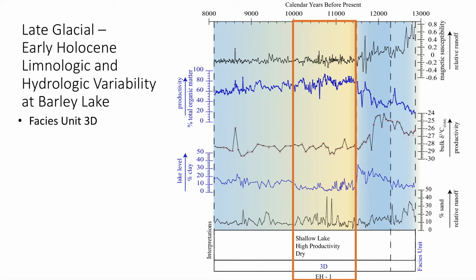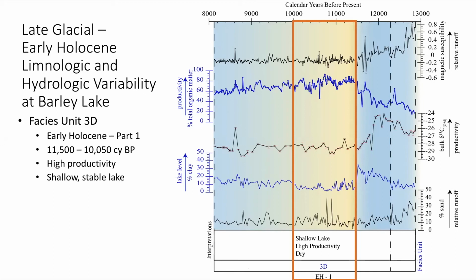Okay, I'm back. Thesis Unit 3D spans the early Holocene Part 1 from 11,500 to 10,000 calendar years before present. It contains the highest average percent total organic matter and low average bulk organic carbon isotopes, reflecting high productivity.